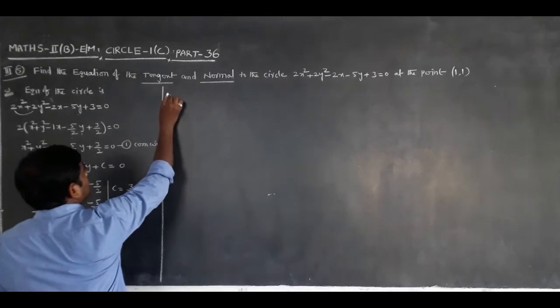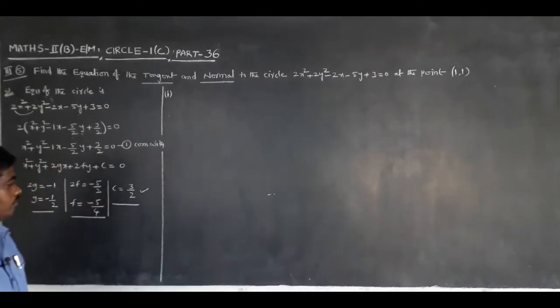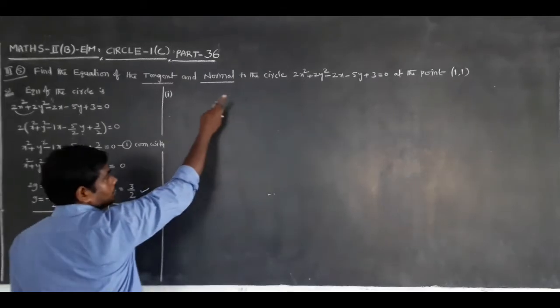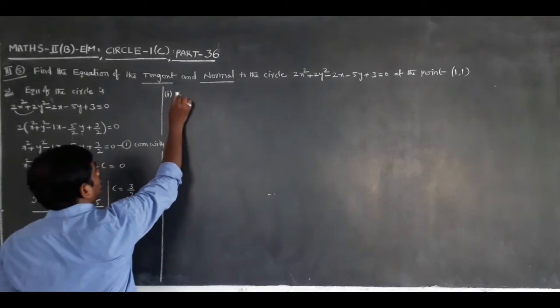First one, find the equation of the tangent to the circle at the point 1, 1.